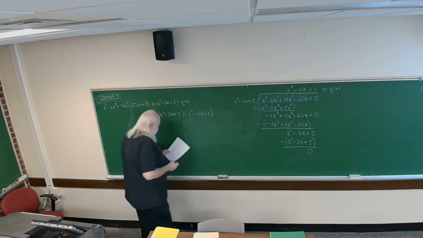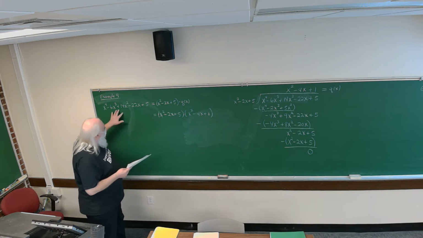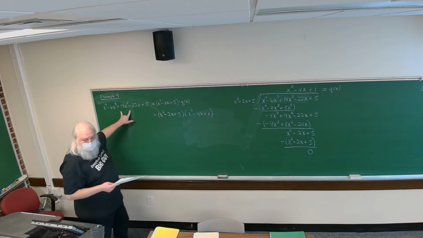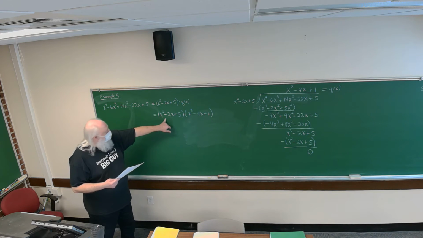Okay. Now, to find the values of x that make the left-hand side equal to 0, we already know if we set x squared minus 2x plus 5 equal to 0, we're going to get x is equal to 1 plus 2i and 1 minus 2i, right?